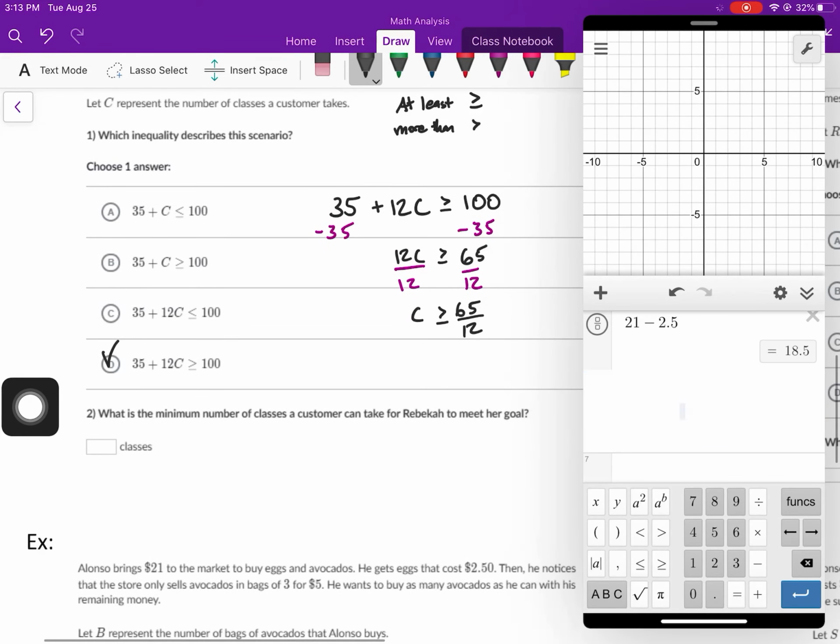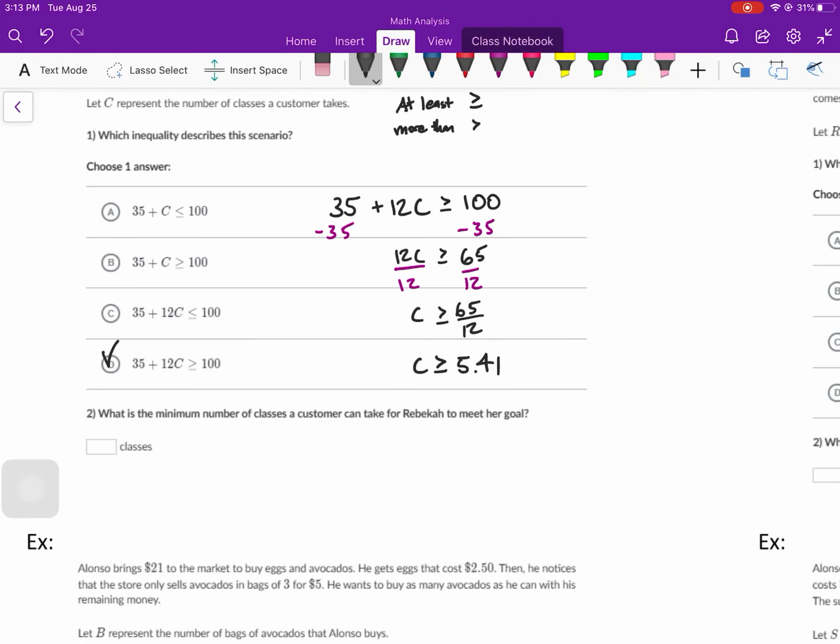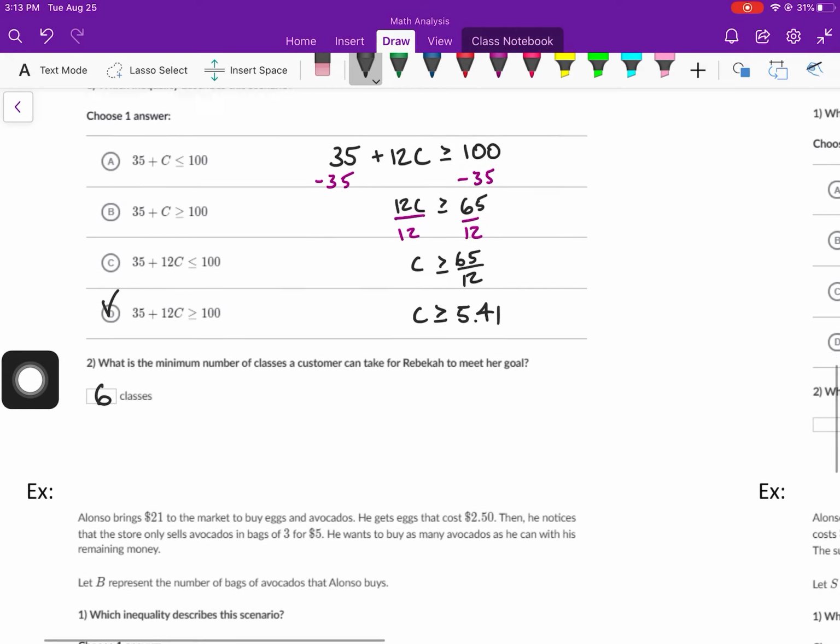If we put it in the calculator, 65 over 12 is 5.41. I doubt she's going to offer a partial class so she can get exactly $100. That means that she's going to need them to do 6 classes to make at least the $100 mark.